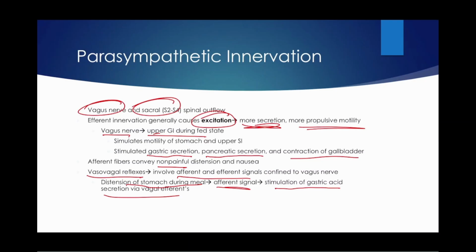Once you start eating, your stomach starts to expand because you're putting food in it. It's going to get bigger. When it starts to expand and distend, it sends an afferent signal to the brain for the parasympathetic system to start getting gastric acid secretion going, because we know we have to break down the food that's in our stomach. So just think about the food, where is it in your GI system, what's going on at that point.